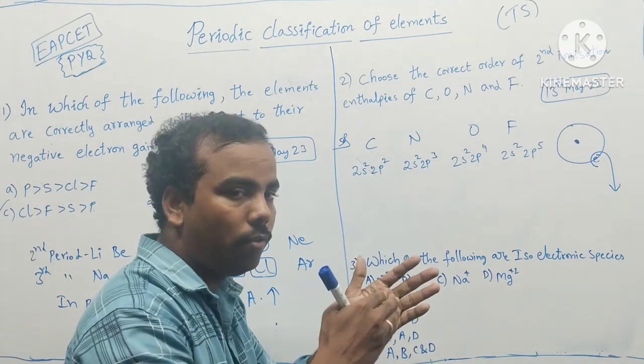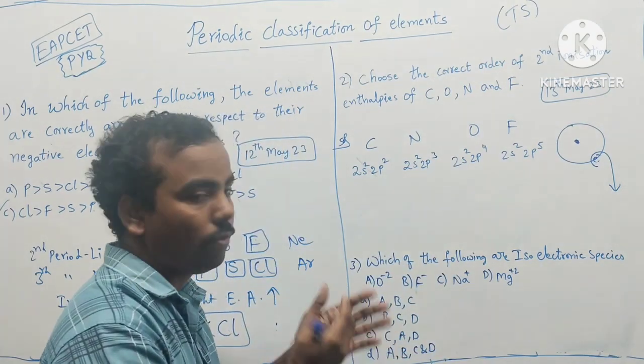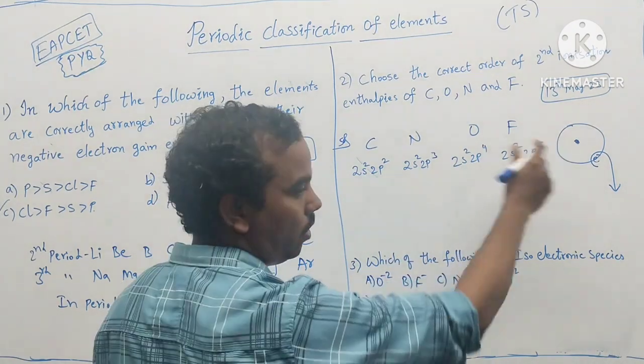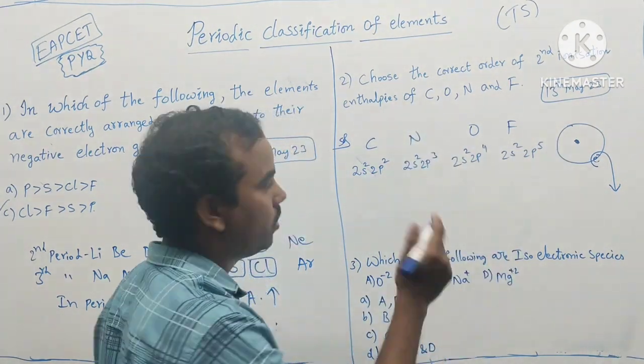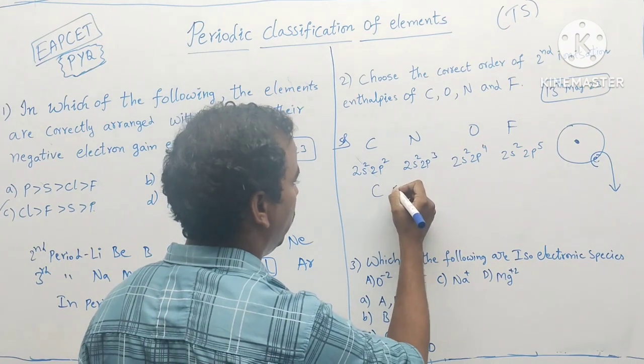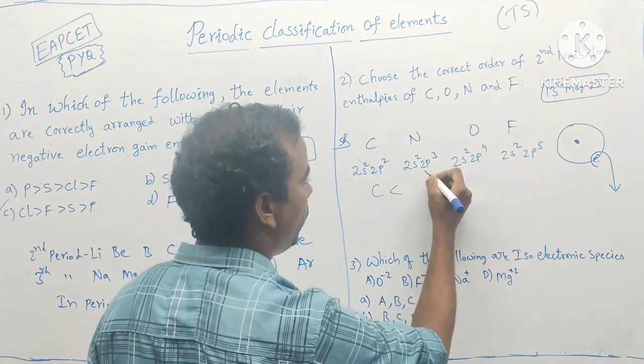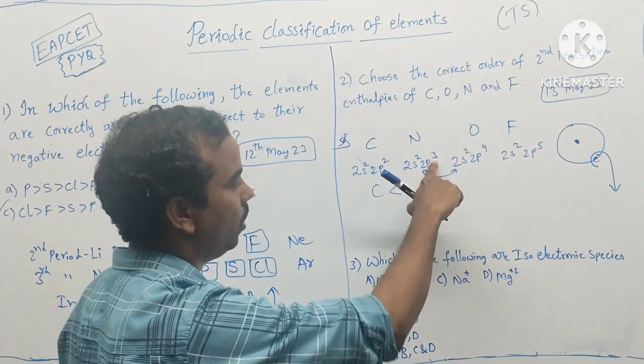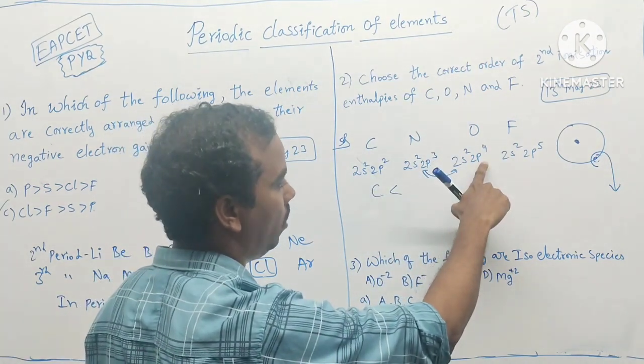To remove an electron, very high energy is required for small atoms. So left to right, size decreases, ionization energy increases. So carbon, next, when compared to these two, one is half filled in 2p, the other is completely filled. It is not half filled.